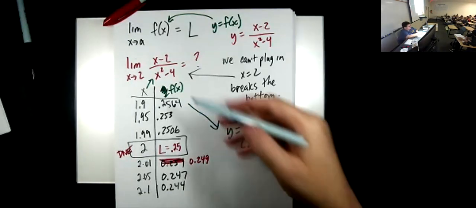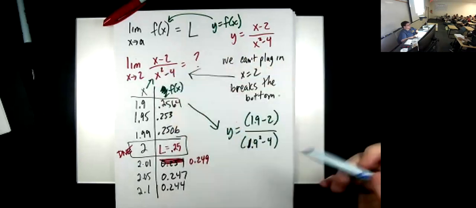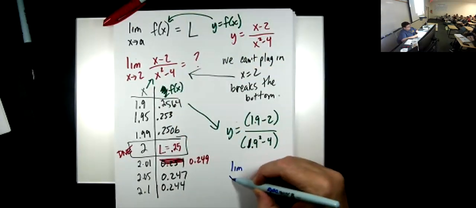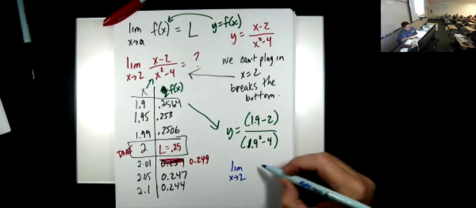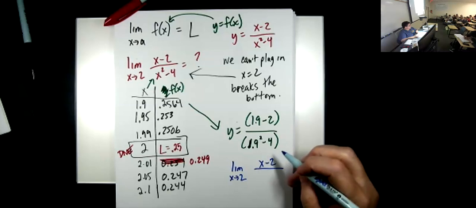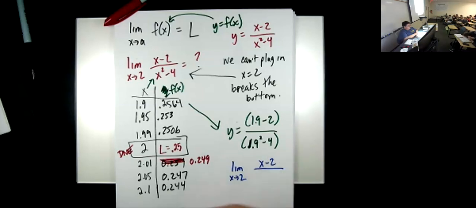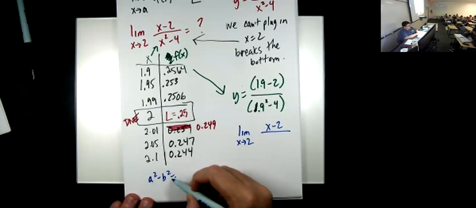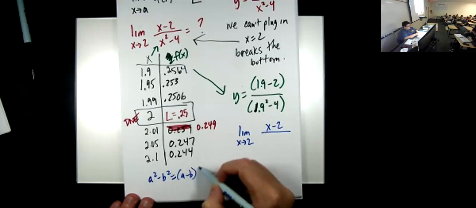Notice we can do a little more with it, and we're going to do this in 1.2 in the latter half more. But if I do that factoring idea, x squared minus 4 is the difference of squares. a squared minus b squared is (a minus b)(a plus b).